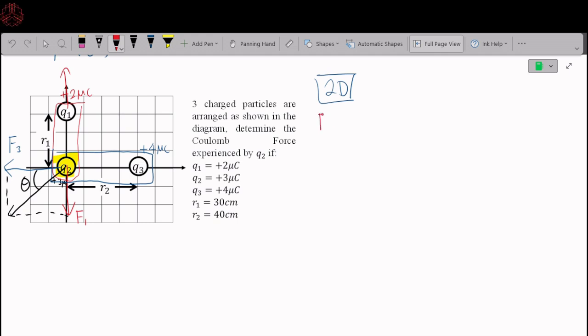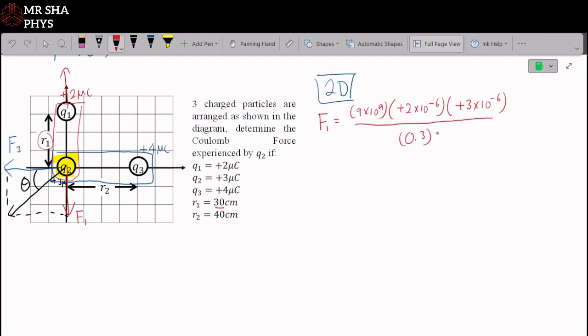I'll use red. If I were to find F1, again, I have 9 times 10 power of 9 as the Coulomb constant. And then I have the charge of the first particle, which is positive 2 times 10 power of negative 6. And then, of course, I have Q2, which will have a charge of positive 3 times 10 power of negative 6. And then the distance between Q1 and Q2, which is R1, is just 0.3 squared.